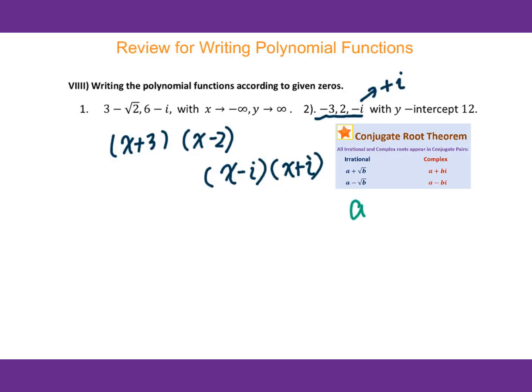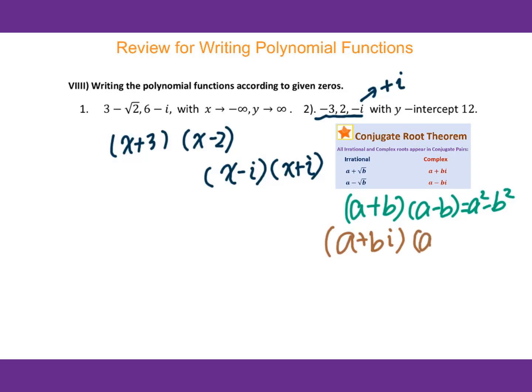According to a plus b times a minus b equals a squared minus b squared, while a plus bi times a minus bi equals a squared plus b squared.